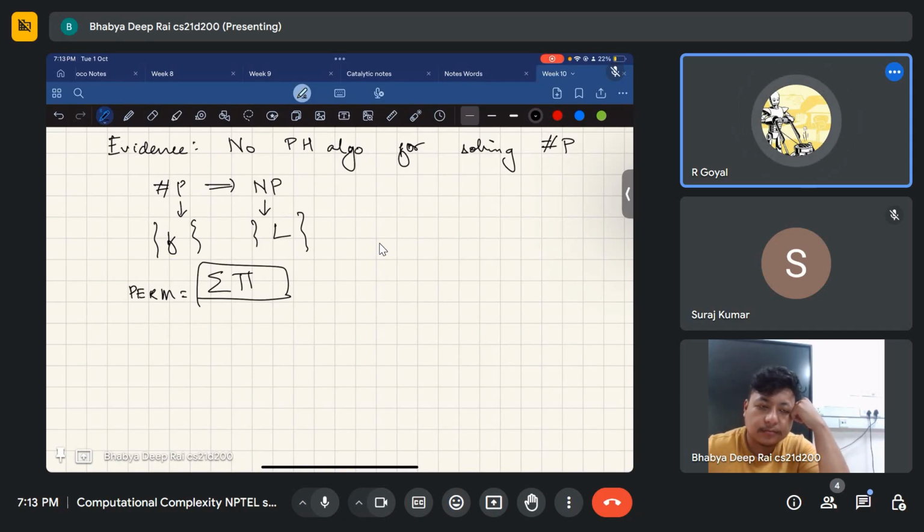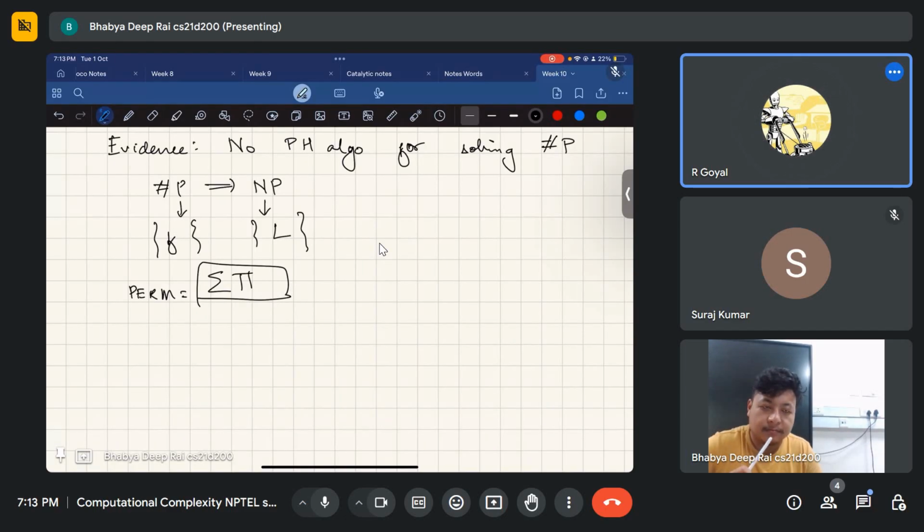For a language we would have multiple solutions, and that count is the sharp P. If I have at least one count, then it shows that the corresponding problem in NP has been solved. Say, if we consider sharp SAT.